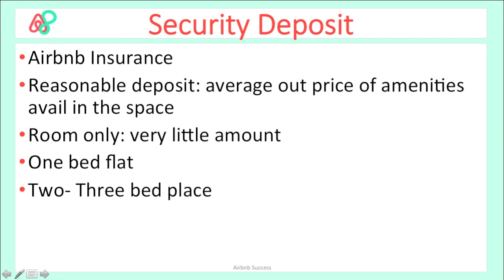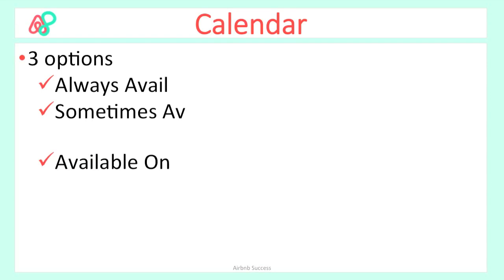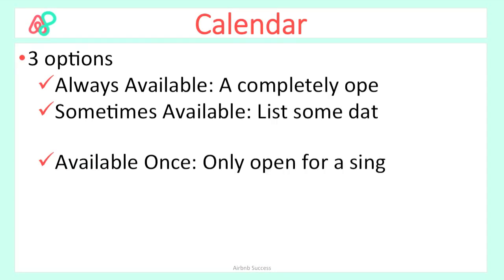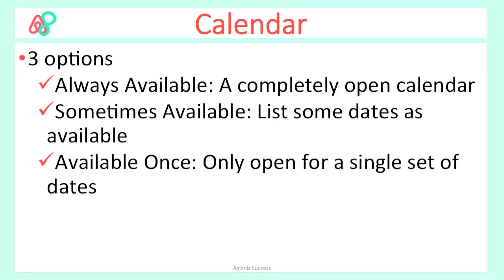Okay. So once you've decided on all of the extra fees, you move on to set your calendar. You have 3 options. The first one is always available. This is a completely open calendar. Airbnb will set every day with the price that you decided earlier.